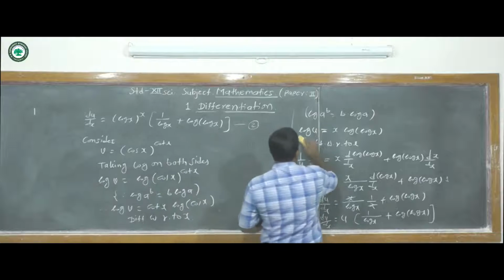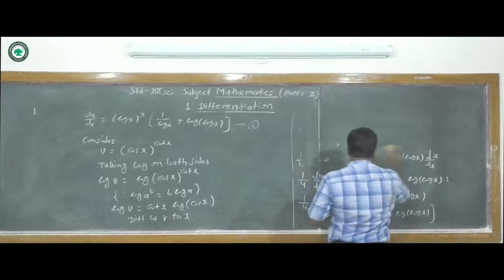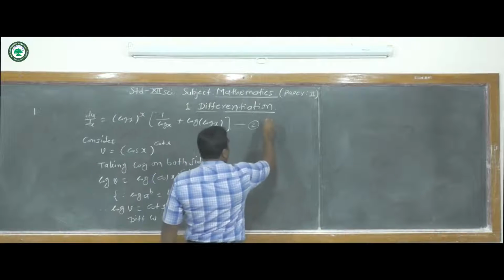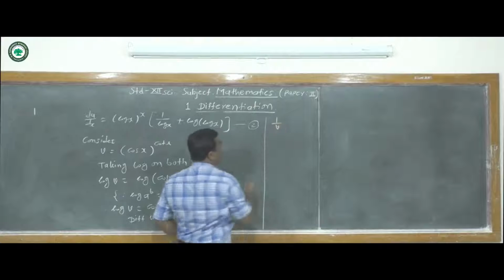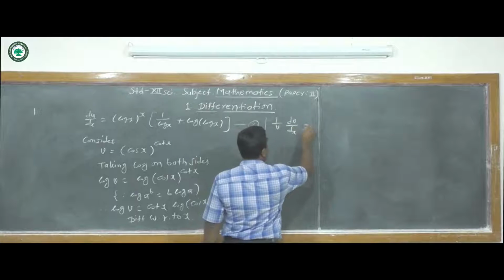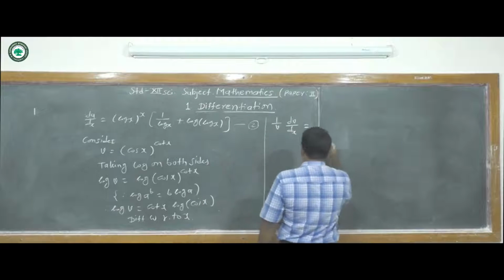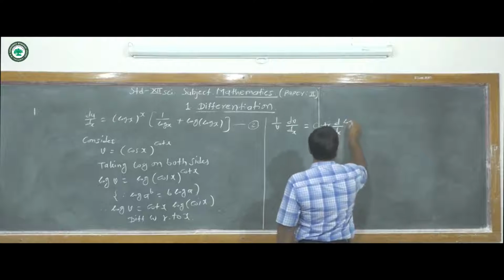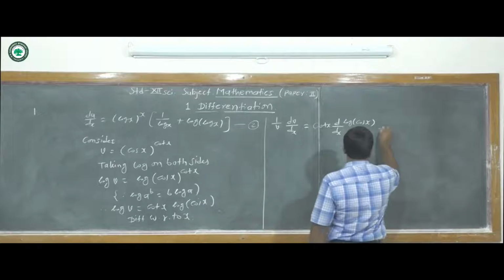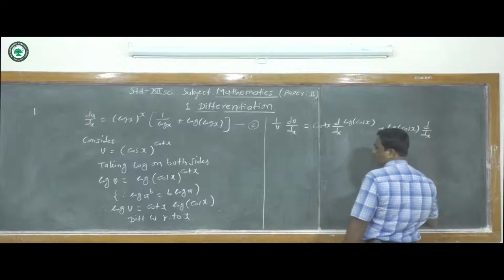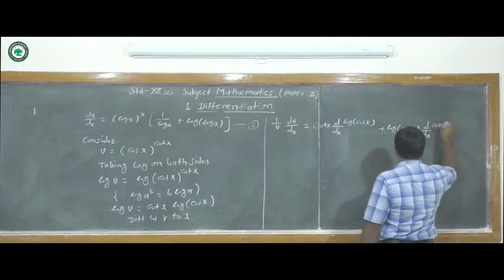Therefore derivative of log v with respect to x is 1 upon v into dv by dx, equal to, using the product rule, cot x as it is into d by dx of log of cos x, plus second function log of cos x as it is into d by dx of first function, that is cot x.